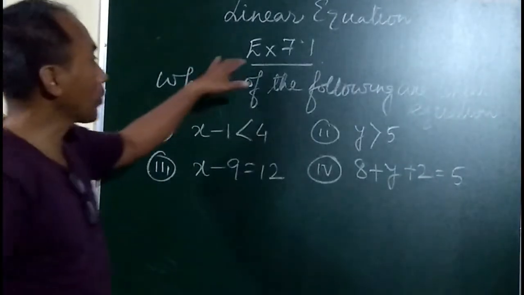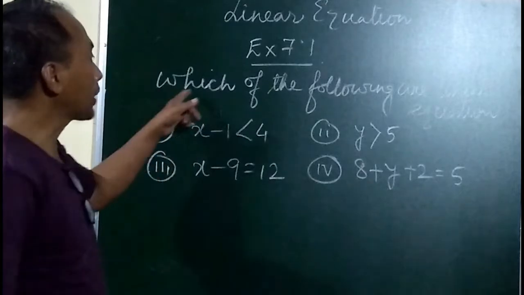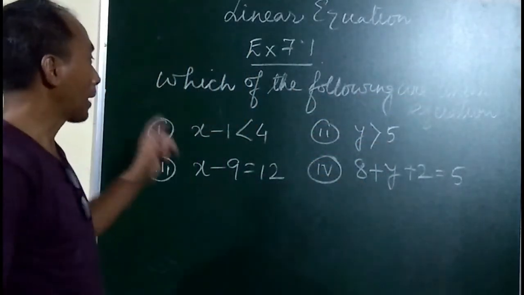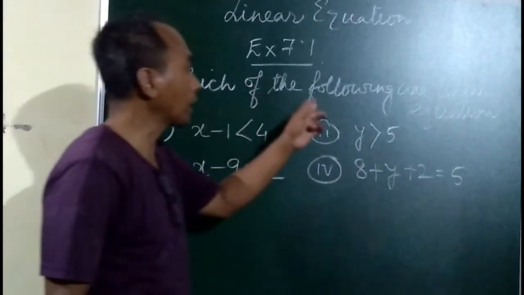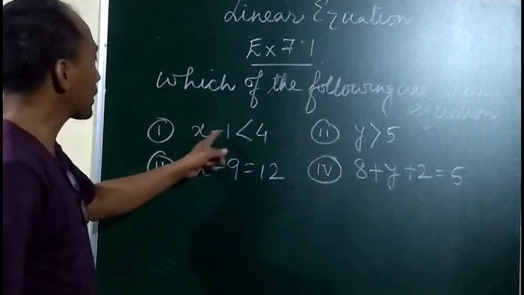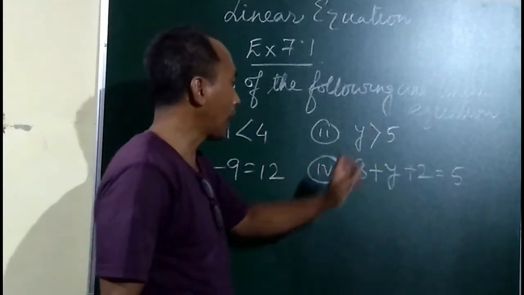Now let us start solving exercise 7.1. Read the question carefully. Which of the following are linear equations? I am saying again, which of the following are linear equations? In your question it is given: number 1, x minus 1 is less than 4. Number 2 is y is greater than 5.